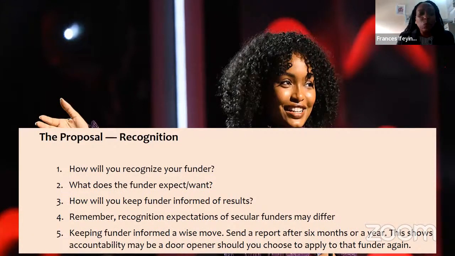So on that document, we need to clearly state how we are going to recognize our funder. And for us to be able to do that aptly, we need to understand their expectations.